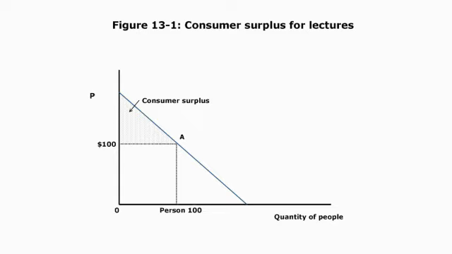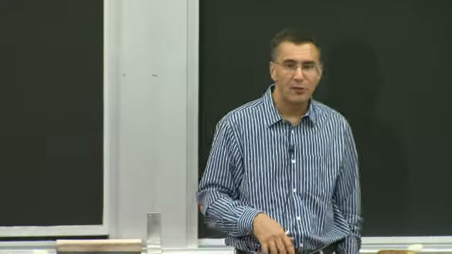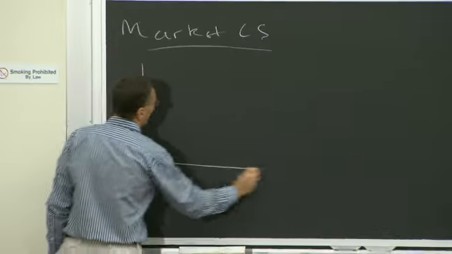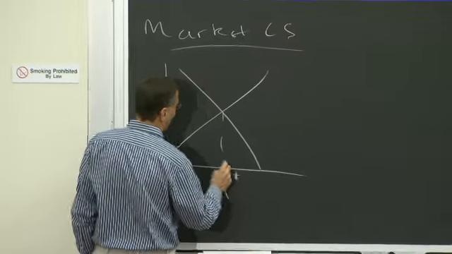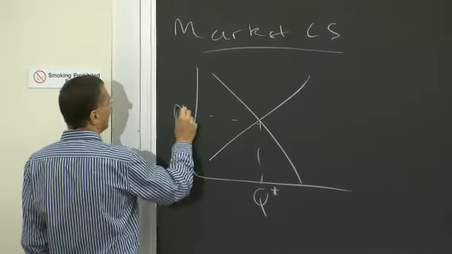So what is the key determinant of the equilibrium outcome? Equilibrium is the point where the price is set equal to the willingness to pay of the marginal consumer. Think about a typical supply-demand diagram, and we get some equilibrium price. Here's our equilibrium quantity Q star, and here's our equilibrium price P star.